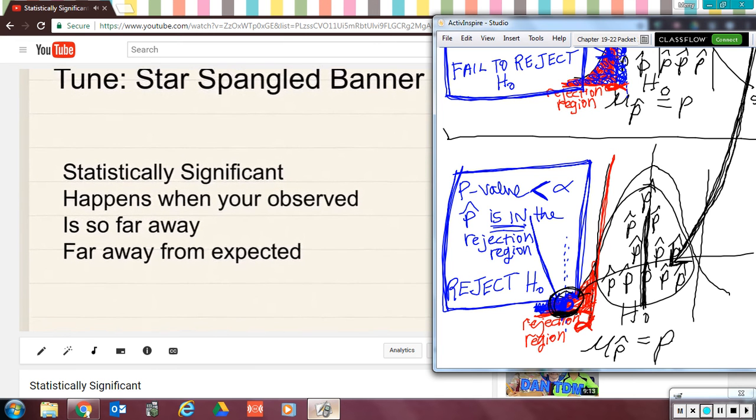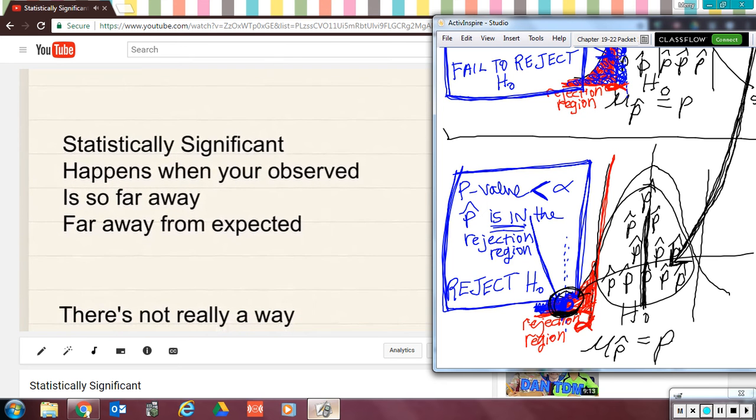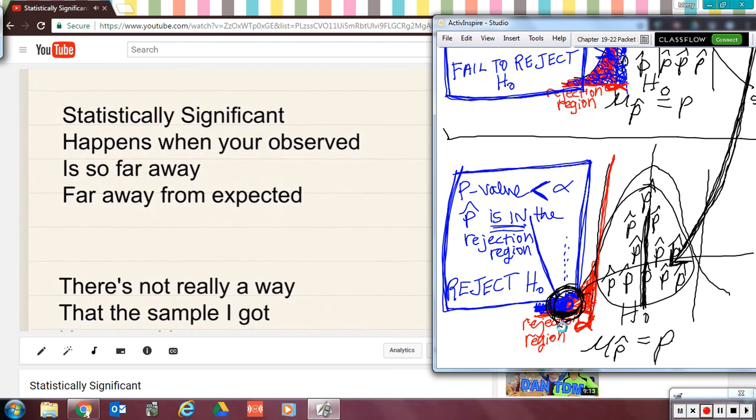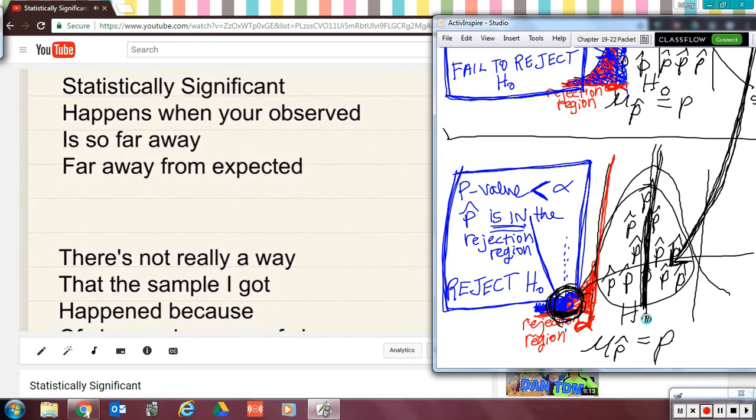Statistically significant happens when your observed is so far away from expected.